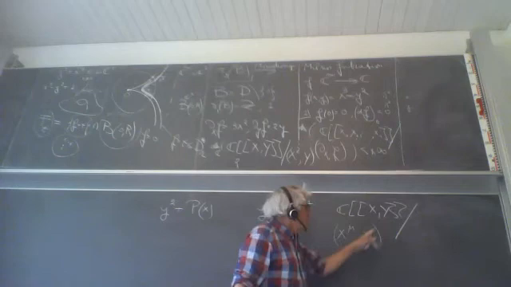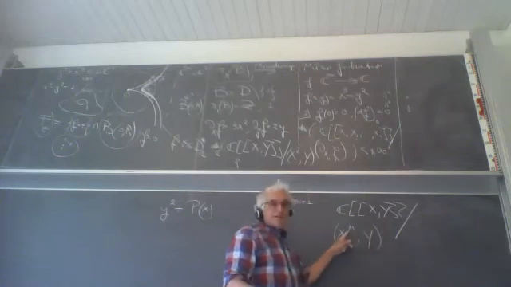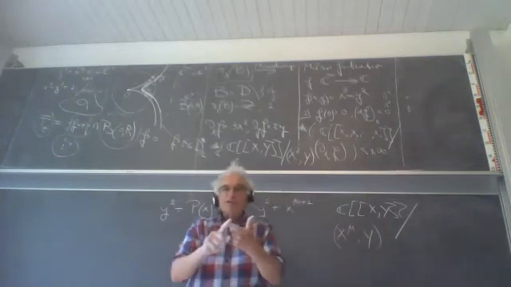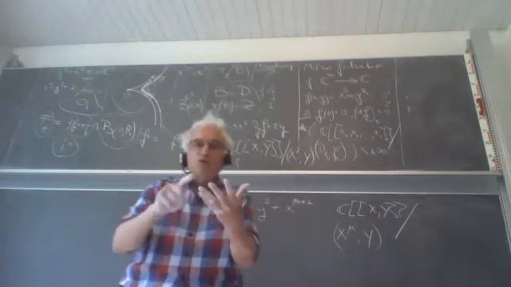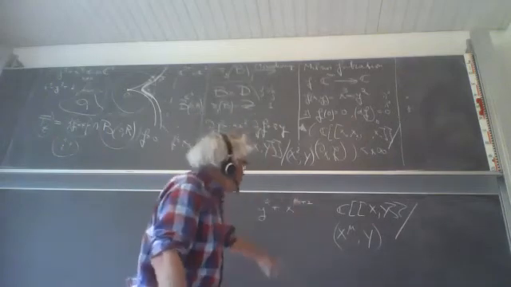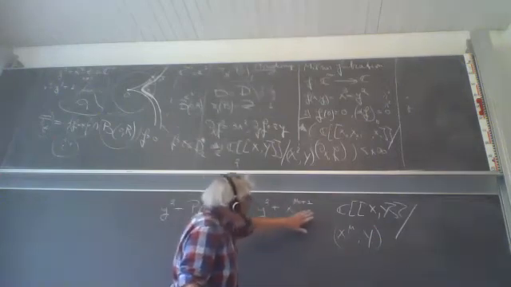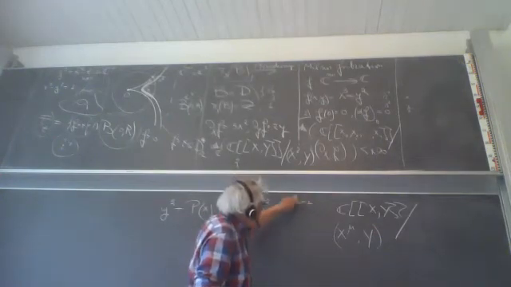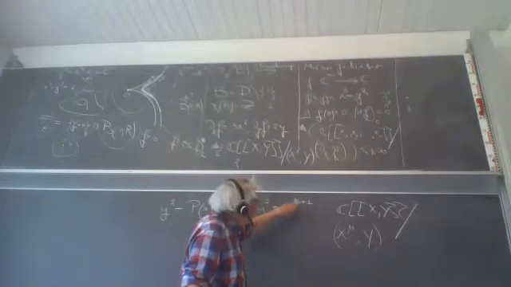So all y's go away, and remaining is x to the power 0, x to the power 1, x to the power 2, up to x to the power mu minus 1. So the dimension of this space is mu. So this is a singularity where the Milnor number is mu.